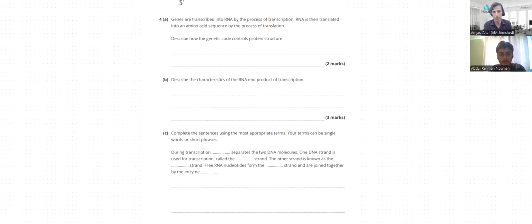We have just 6 minutes now. Genes are transcribed into RNA by the process of transcription. RNA is then translated into the amino acid sequence by the process of translation. Describe how the genetic code controls protein structure. Describe the characteristics of the RNA and production of the transcription. This is a 3 marks question. Then you have to complete the sentence. That's what we need to do.